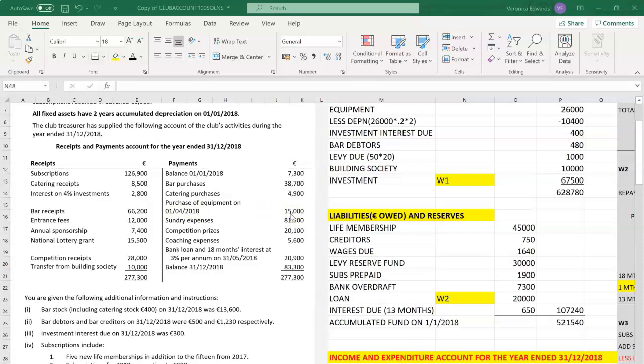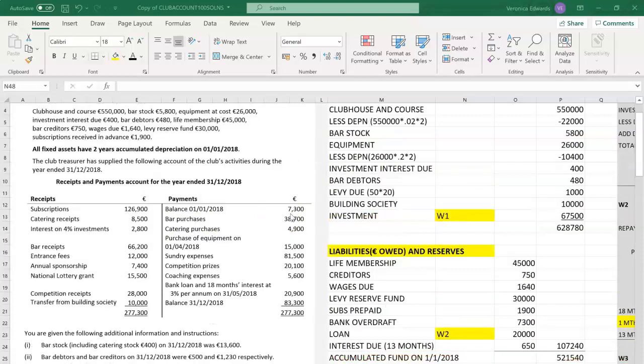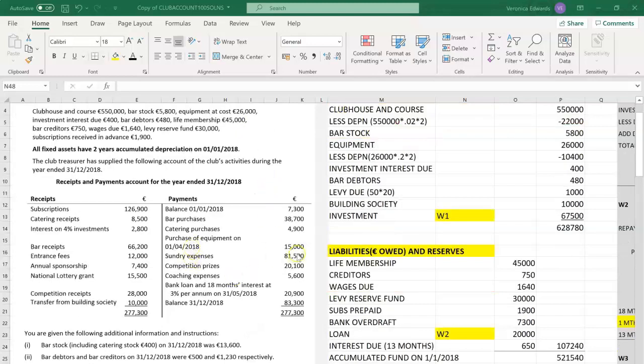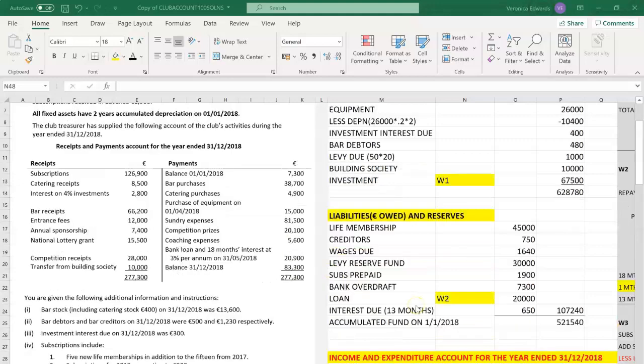So when we're calculating our depreciation on equipment, we need to consider that we held this equipment here for a full year, that's 26,000 at 20%, and that we held this equipment here for 9 months. So that would be 15,000 at 20% at 9 months. So that's how we're going to calculate our total depreciation on equipment.